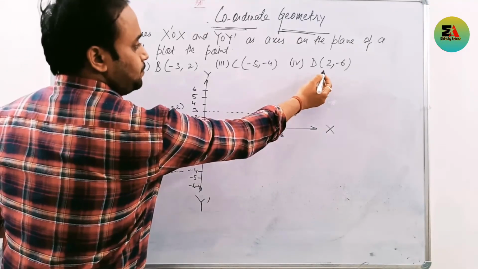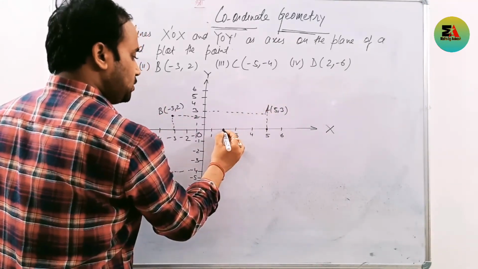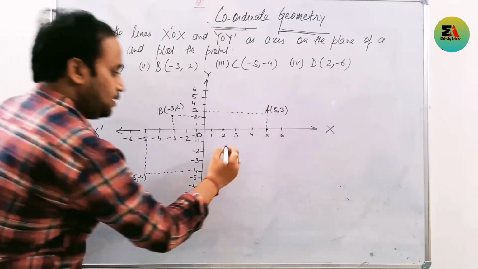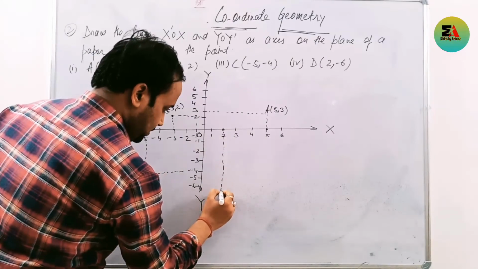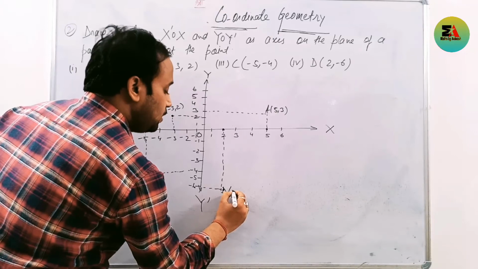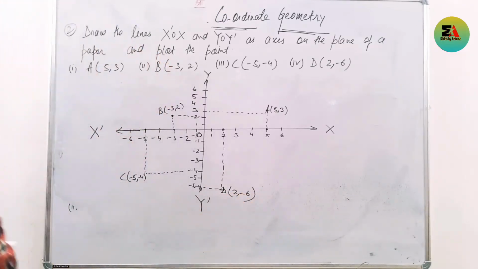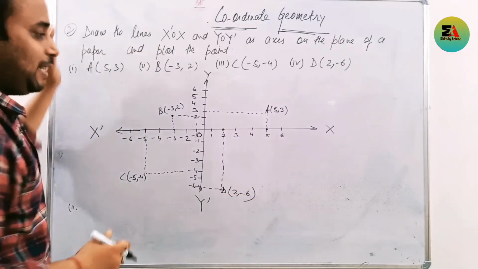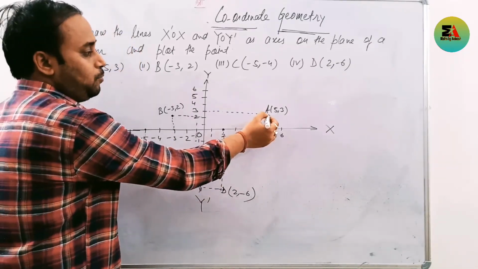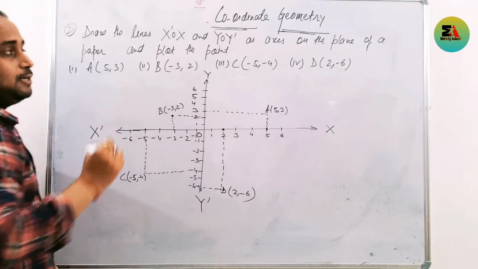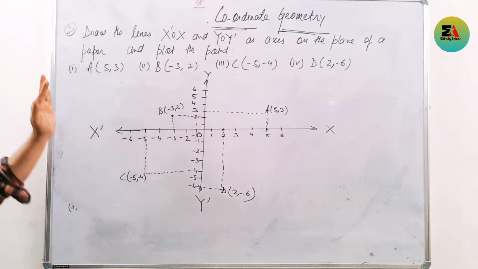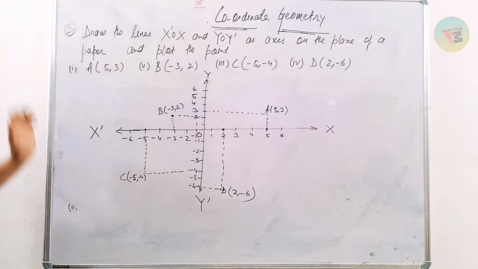Now the next one, D: x is positive, 2 is here, and y is negative here. Just plot it in this way. This is the coordinate of D, (2, -6). Clear? This is very easy. Just mark the value and plot the dotted line. This is the way we plot values on the coordinate axes. I hope this one is clear to you.